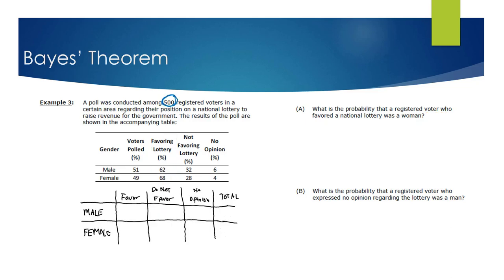So what I'm going to do to make my life a little easier is construct a table where I split it between male and female, but I also have these groups: favor, do not favor, or no opinion.